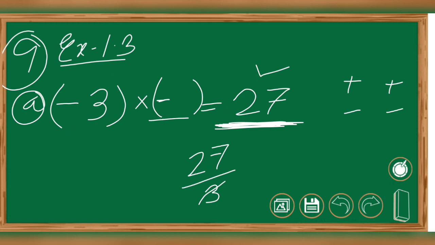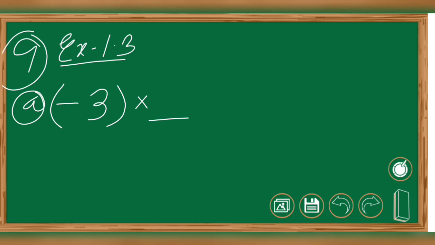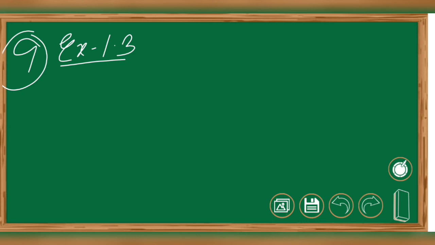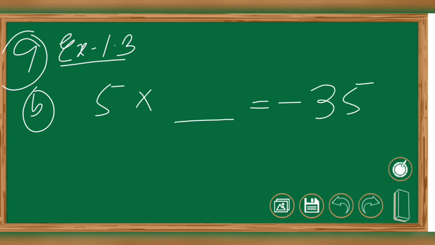And here in the next sum the same type of sum is given, that is 5 into dash is equal to minus 35. Here you can see one positive integer is being multiplied with such a number after multiplying, where we are getting the negative sign, means negative integer as the result.